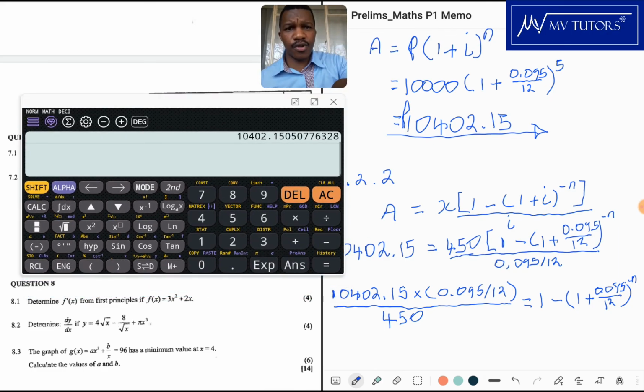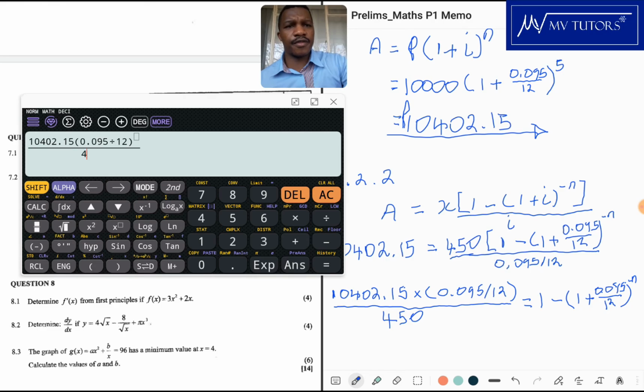So what you want to do is put on your fraction first, and then put that 10,402.15. Open that bracket, and then I've got 0.095 divided by 12. Close that bracket. Anything else? No. And then we can go downstairs. Why did I square it? It doesn't need to be squared. Let's delete that square, and then we can go downstairs.